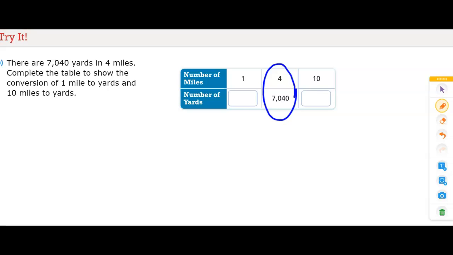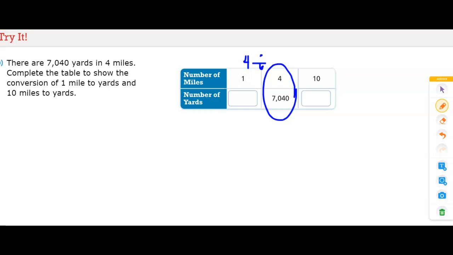So I know when I am making a number smaller, the only operations that allow me to do that are either dividing or subtracting. We're going to divide here the 4 so that we can get to equal 1. What can we divide 4 by to equal 1? Well, we can divide by 4. So if I divide 4 divided by 4, I get 1.